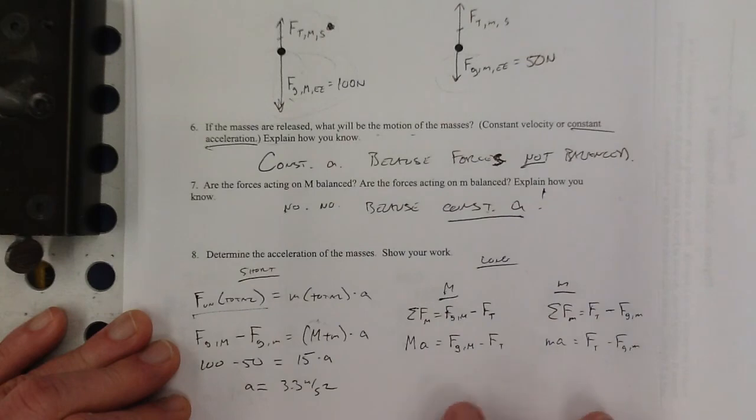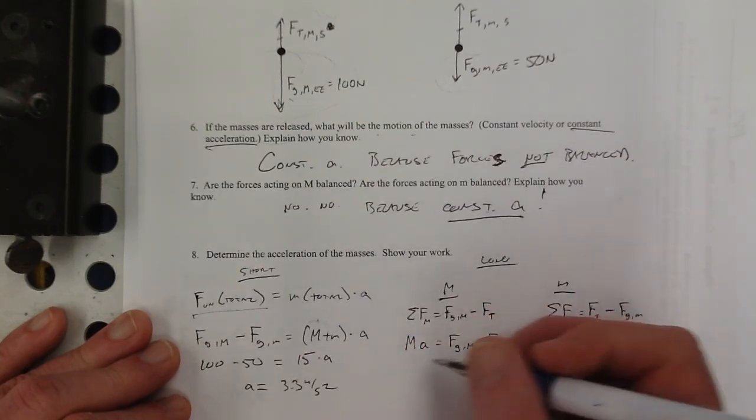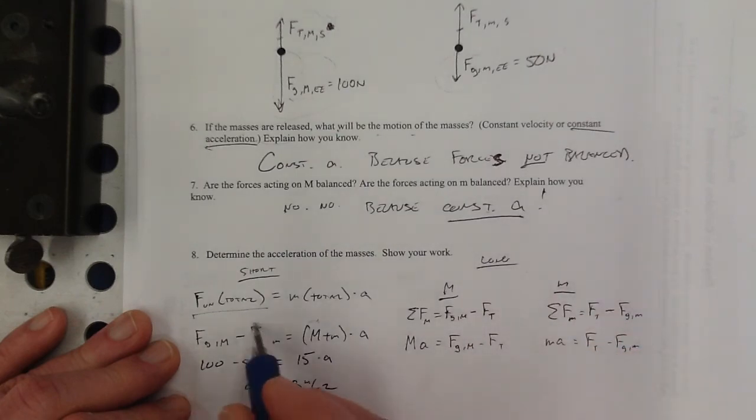And when I add them together, minus Ft plus Ft, those are going to cancel every time. When I add Ma and little ma, that gives me the total. I'm going to get this exact same equation right here.